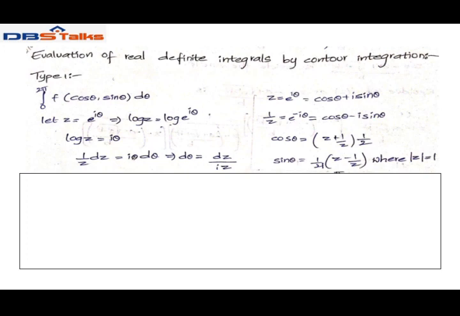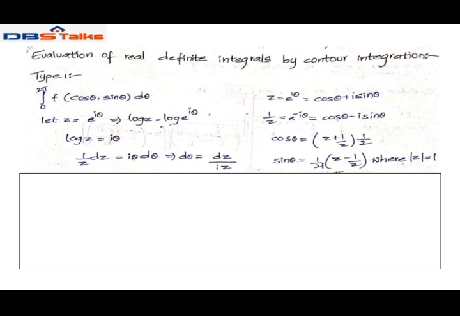And subtracting, we get 2i sin theta equal to z minus 1 by z, which implies sin theta equal to 1 by 2i into z minus 1 by z. So in this module, these are the important values: cos theta is 1 by 2 into z plus 1 by z, and sin theta is 1 by 2i into z minus 1 by z.